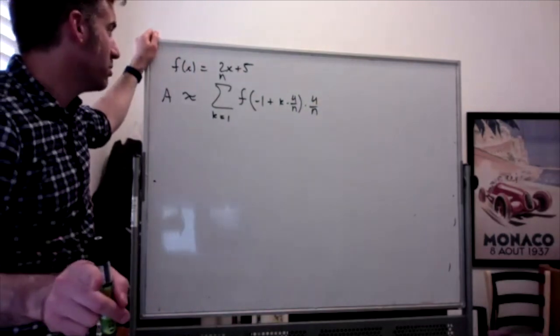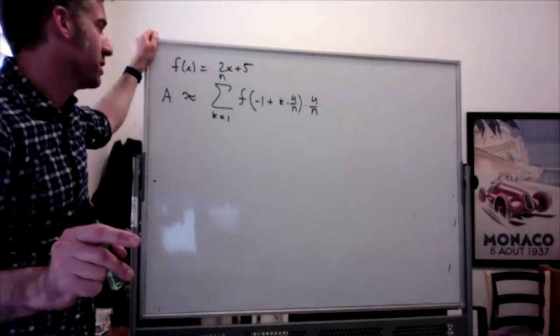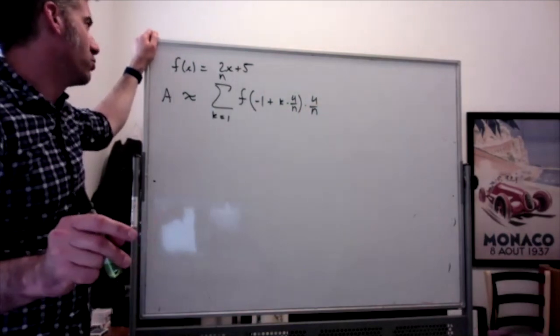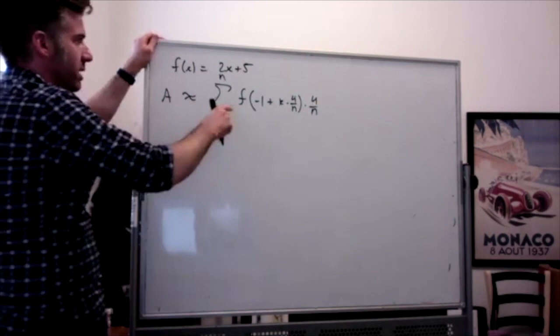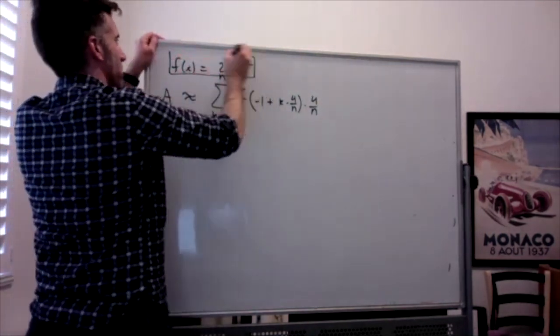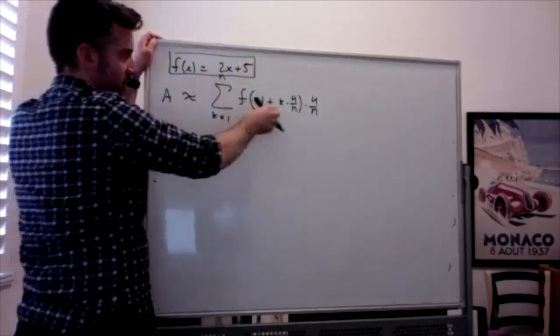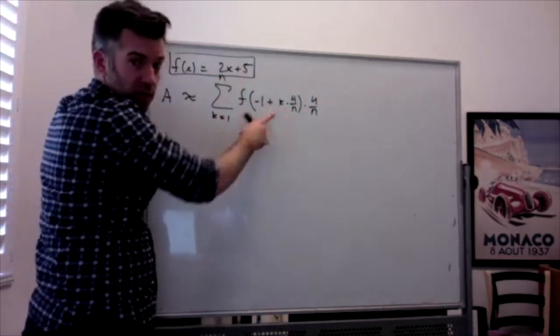We're going to replace f of this with the actual function. So f of x is 2x plus 5. F of this garbage is 2 times that garbage plus 5.